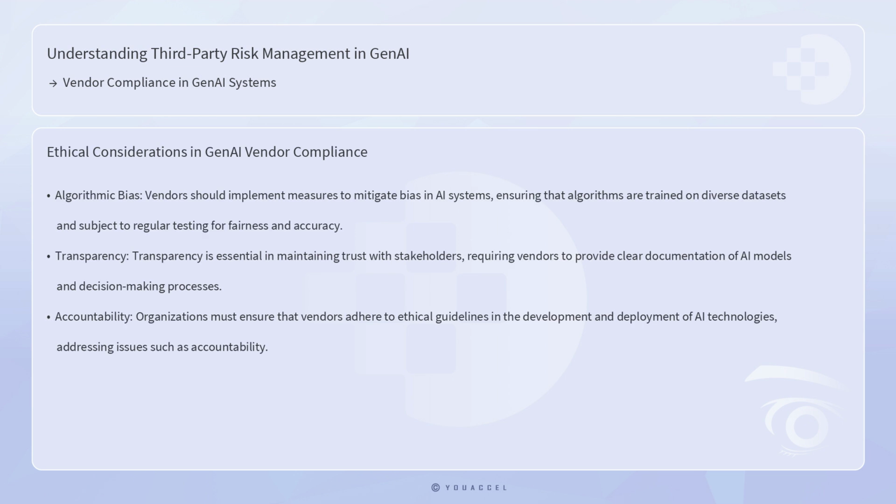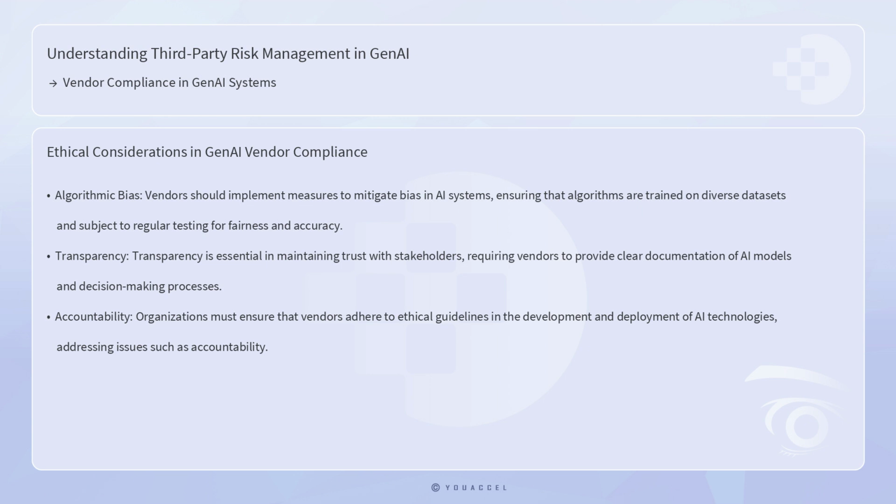Ethical considerations play a significant role in vendor compliance for GenAI systems. Organizations must ensure that vendors adhere to ethical guidelines in the development and deployment of AI technologies. This includes addressing issues such as algorithmic bias, transparency, and accountability.